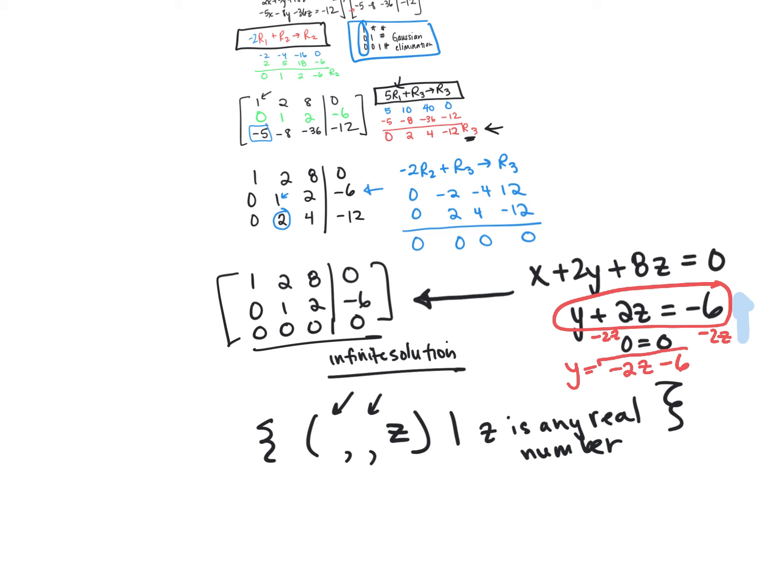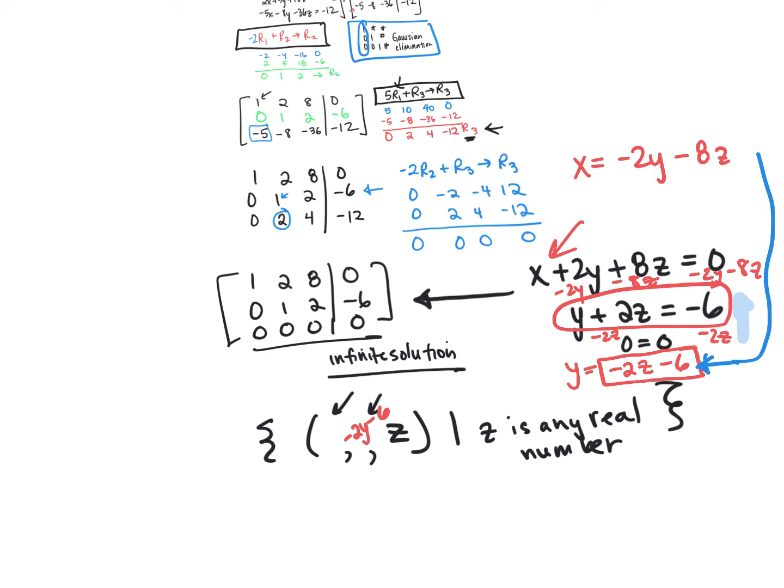So what I just did is I wrote y as an expression that just had z's in it. So my y will be -2z minus 6, and I didn't leave myself enough room for that. Now you do the same thing for x. If I look at that first equation, if I get x alone, I'm going to have x is equal to minus 2y minus 8z. And I want it all in terms of z. So I'm going to use the y I just found and plug that in here, so that I'll only have z's.